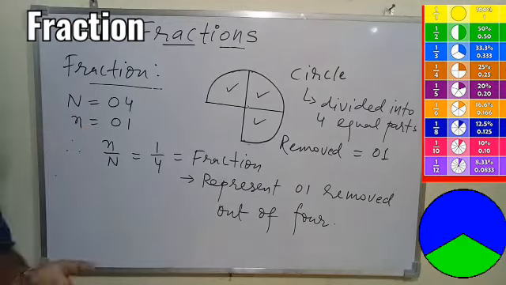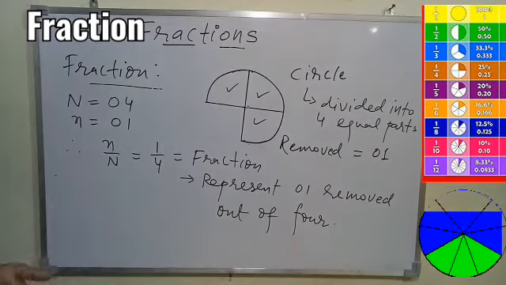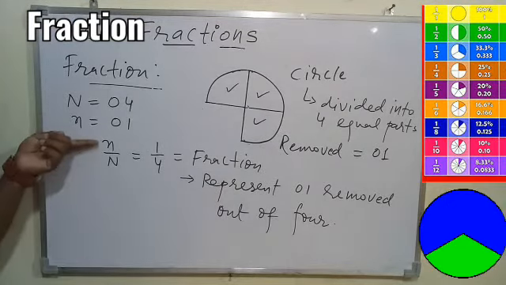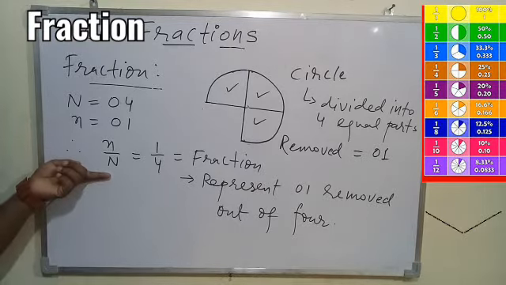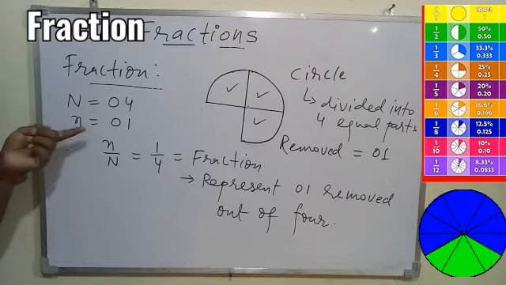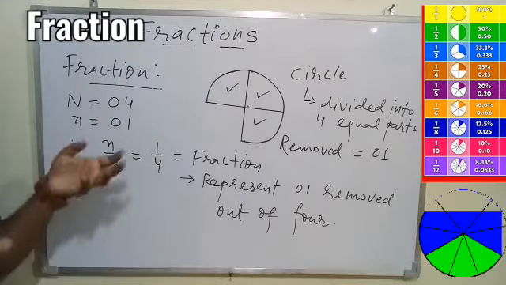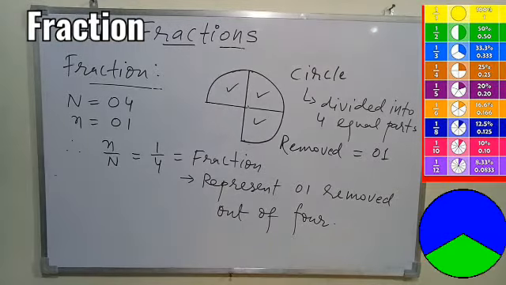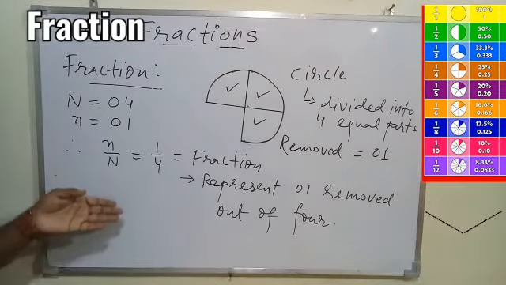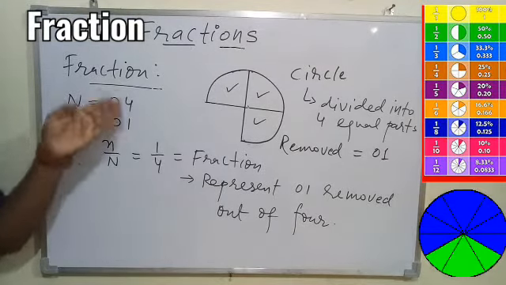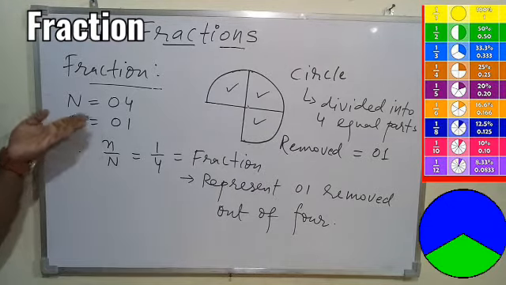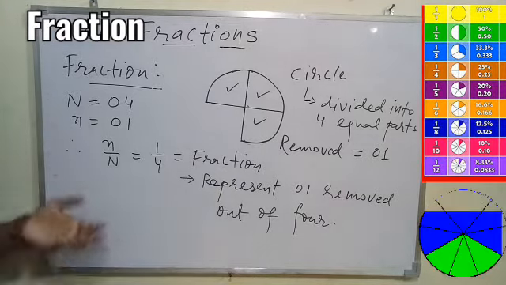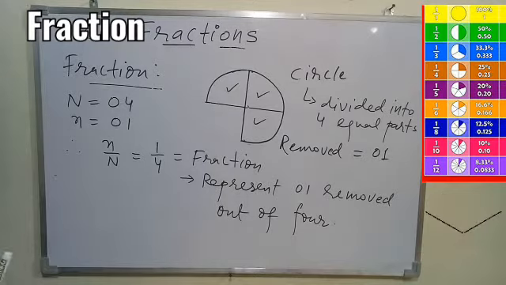So overall for the fraction, what things do we need? Very first we need one number at the top, one number at the bottom. At the bottom we basically talk about the total quantity we had when we started, and at the top we basically talk about how many parts are removed or added or something, that we'll see with the classes. So whenever we represent something divided by something, that is the parts divided by the total number of parts, we are basically talking about the fraction.